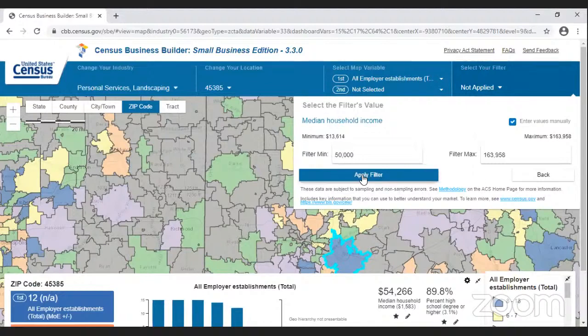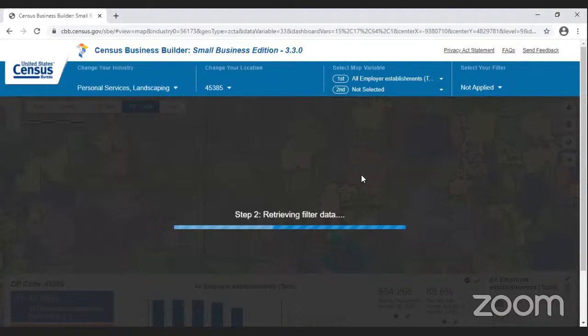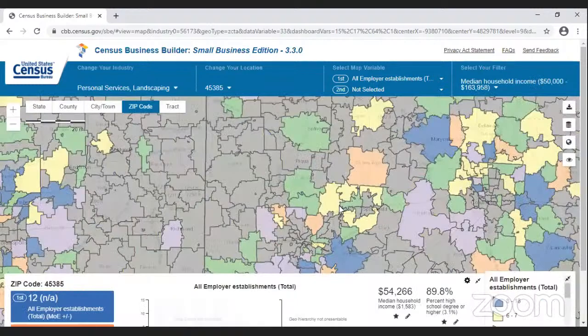So I'm going to say apply filter. And what it's going to do is repaint the map according to the $50,000 and up in median household income. All the zip codes that don't meet that 50,000 or higher are grayed out.